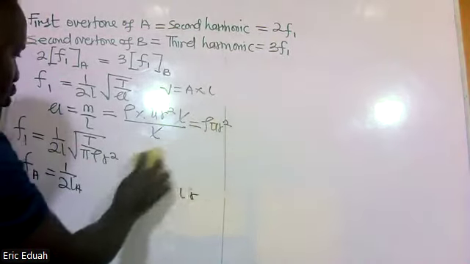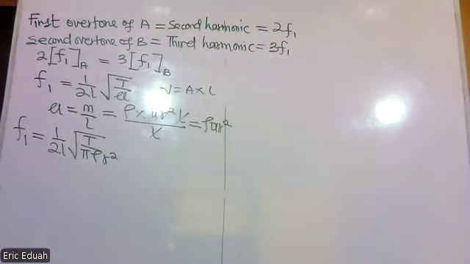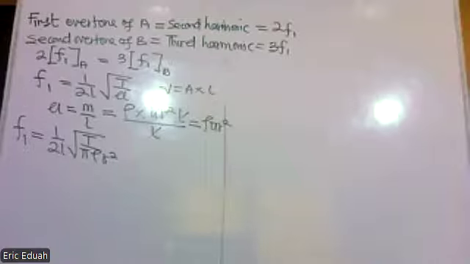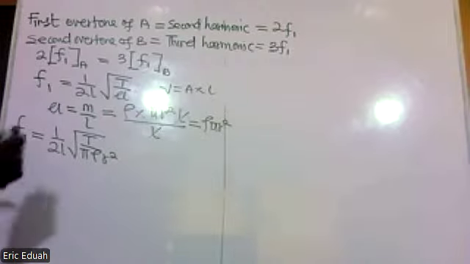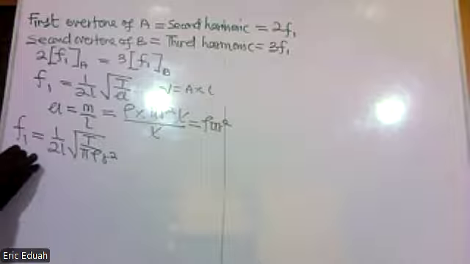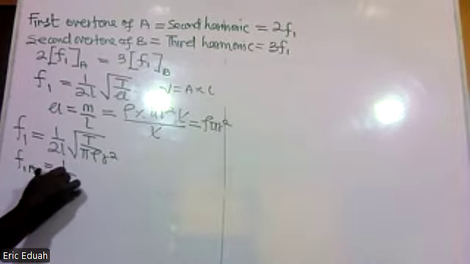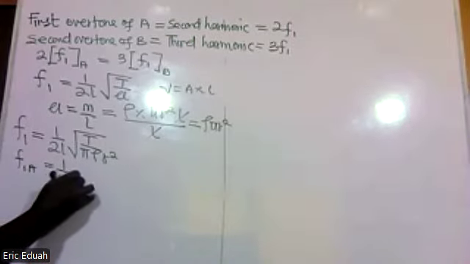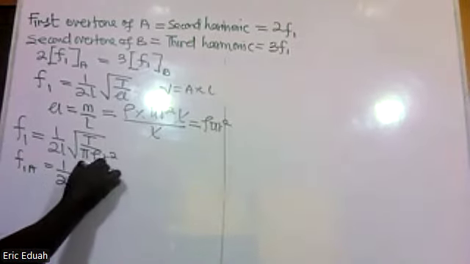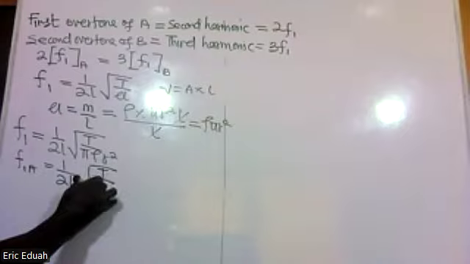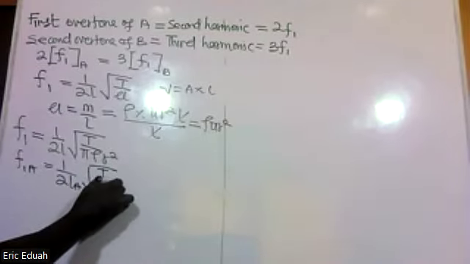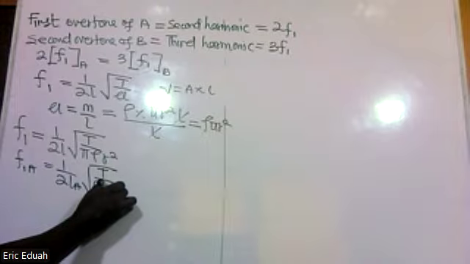So let's go through everything and then see where those things that can be cancelled will do so. So F1 of A will be equal to 1 over 2 L of A times the square root of T on rho pi R of A squared.